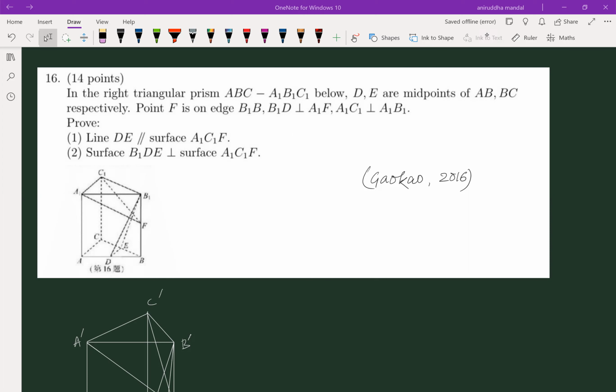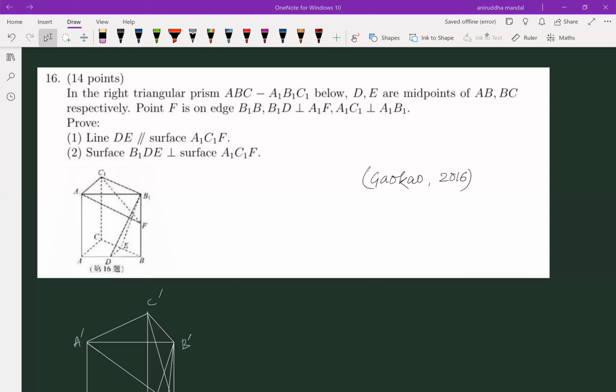Today we have a problem which came in Gaokao 2016. This problem is a 3D geometry problem. There is a right triangular prism ABC, A dash, B dash, C dash below, and D and E are the midpoints of the line AB and BC respectively.